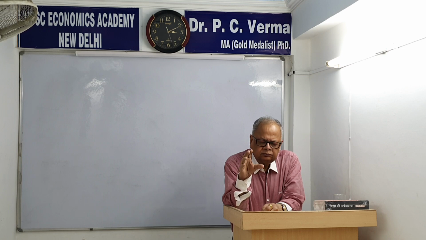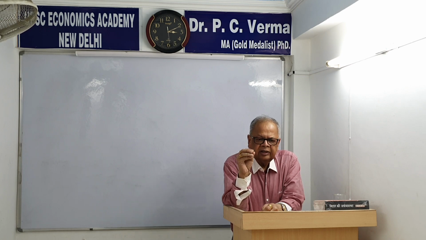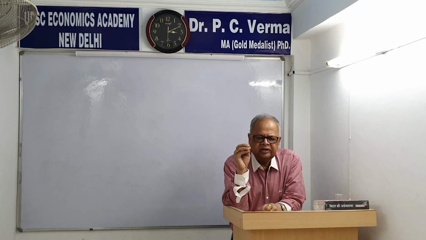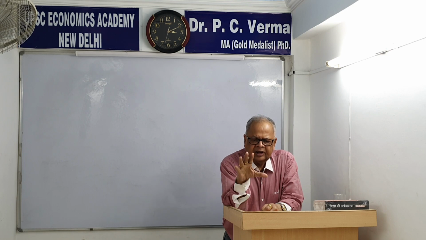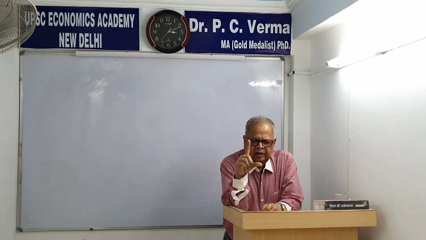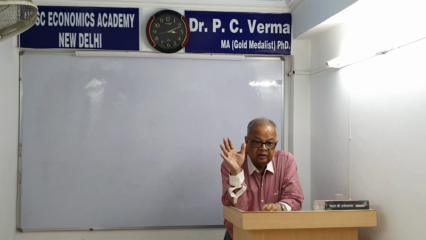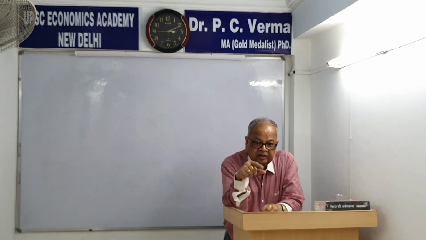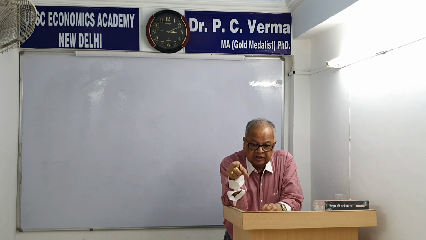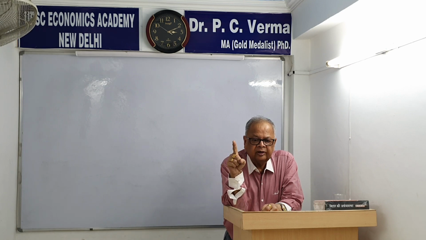So he said that Fisher's quantity theory is a classical theory, first given by Fisher in 1911. Keynes finally rejected this theory 100% in 1936 by his reformulated quantity theory of money.